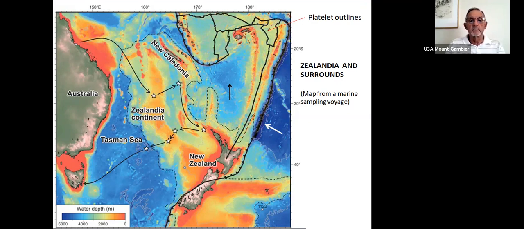It has gradually moved eastwards by trench withdrawal or subduction zone withdrawal, and is now way out, Suva, Tonga, etc., and the North Island of New Zealand.